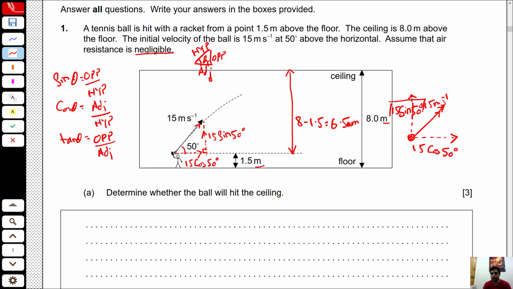So this one is the vertical component and this one is the horizontal component. We are only interested in the vertical component of the velocity. The initial vertical velocity, call it u, is 15 sine of 50 degrees.